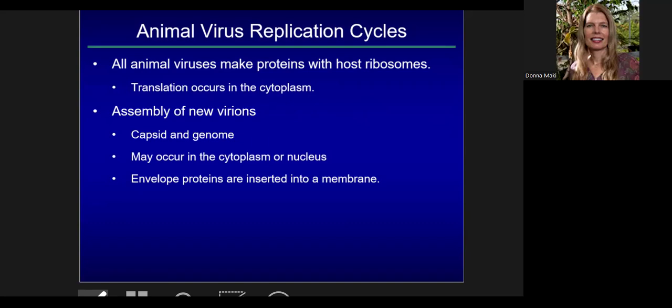And then as they start to finish up their assembly, and usually it's during the release step, if they're an enveloped virus, that's when they will steal part of the host membrane and wrap it around themselves. It's a really good way to hide out from the immune system of animals. Typically, they do modify the membrane a little bit.